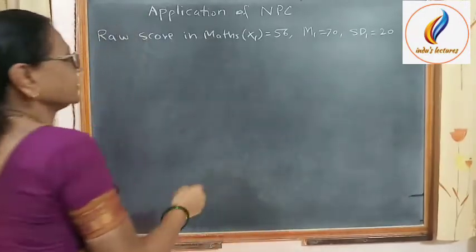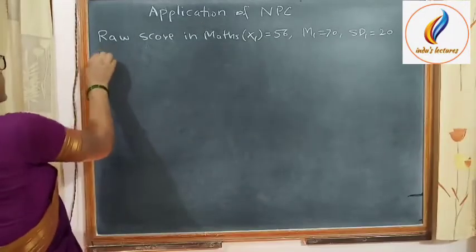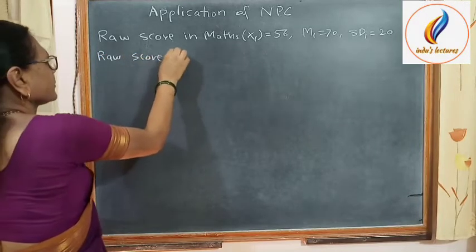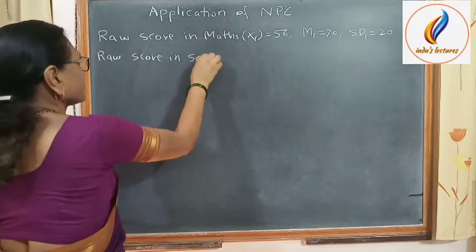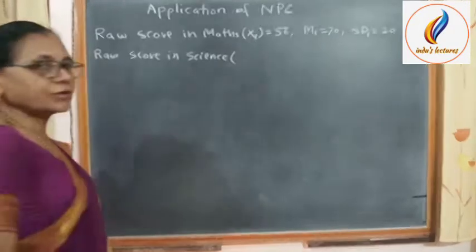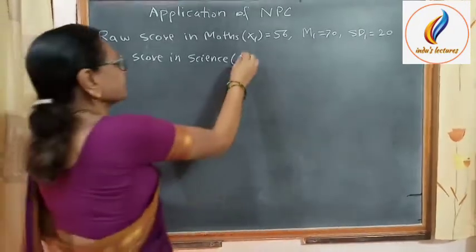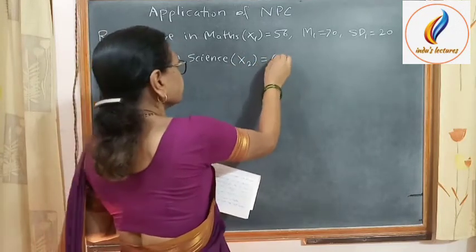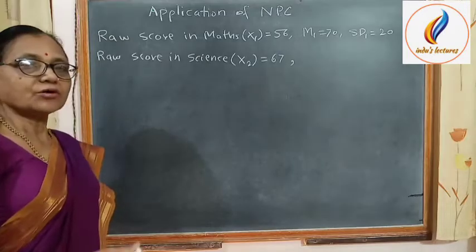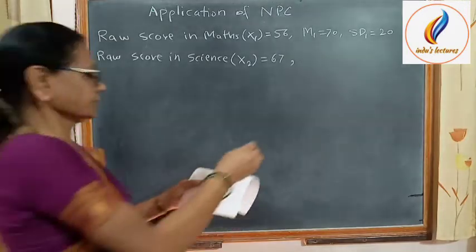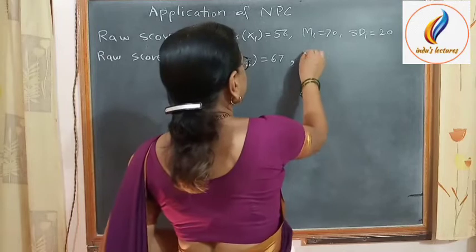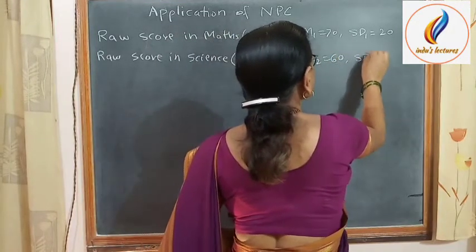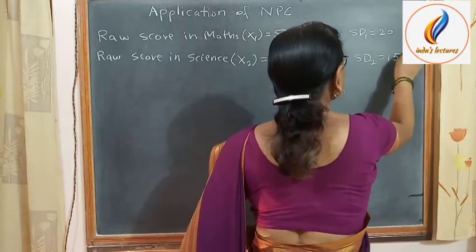Now the raw score in science. We denote the raw score in science as X2. So X2 is equal to 67 and the mean of the science score is 60. That means M2 is equal to 60 and standard deviation SD2 is equal to 15.